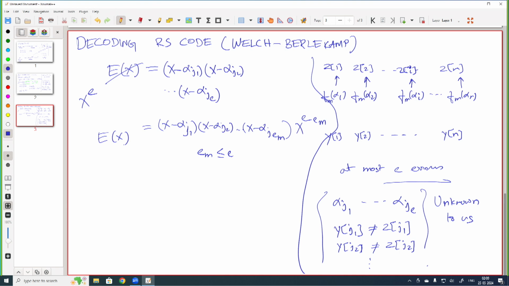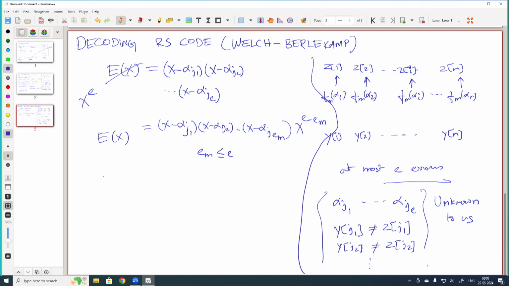The coefficients of this polynomial, the E coefficients here which are not 1, are unknown to us, right. But this is a hypothetical polynomial I can write down given that I received something. Right. So, this is the first polynomial.